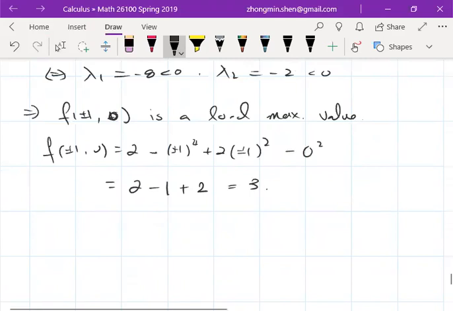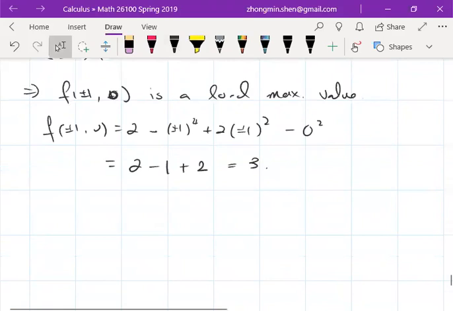Now, in a few words, I have to talk about absolute maximum value and absolute minimum value. It is similar to the function in one variable. I'm going to state the theorem: if the function is continuous on a closed, bounded domain, then it must have a maximum value in this domain.